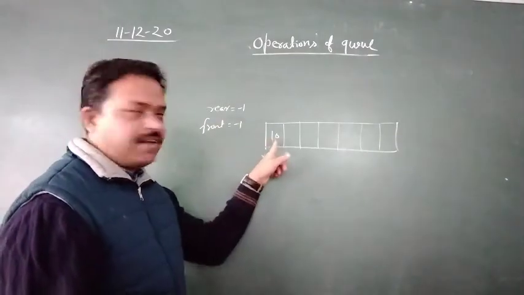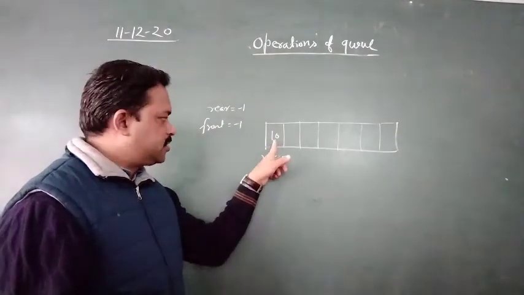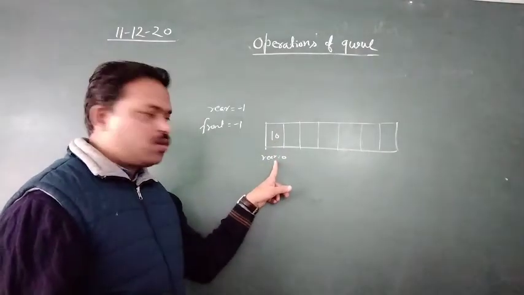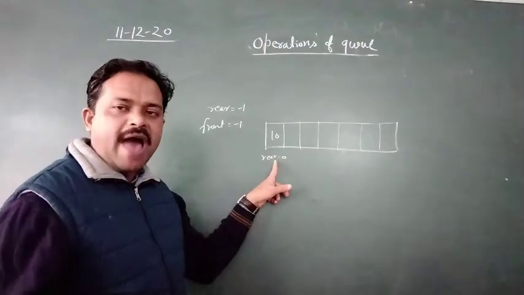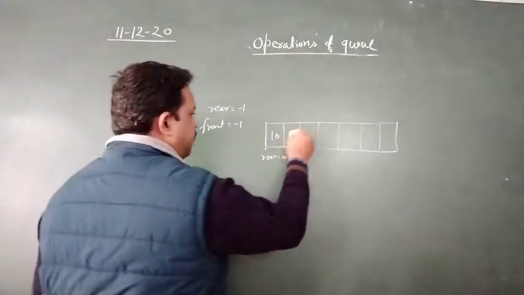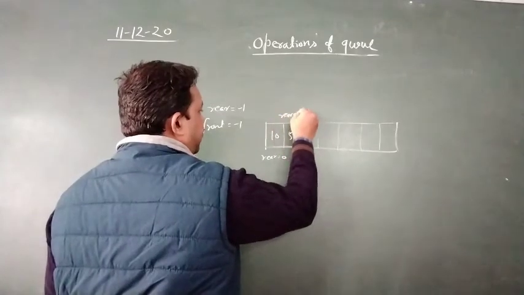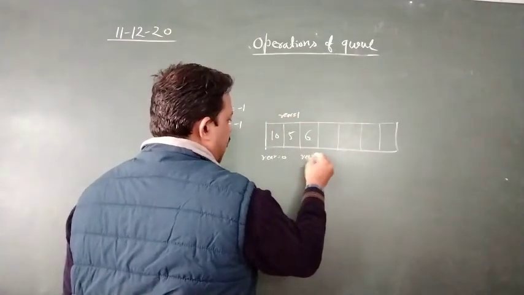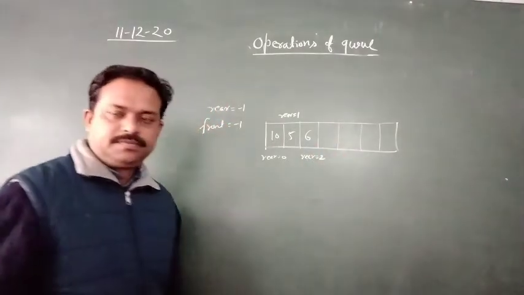For example, when I have inserted the first element, I made my rear variable 0. It shows that you have one element. When you insert the second element, suppose 5, I will make my rear 1. Third element 6, I will make my rear 2.